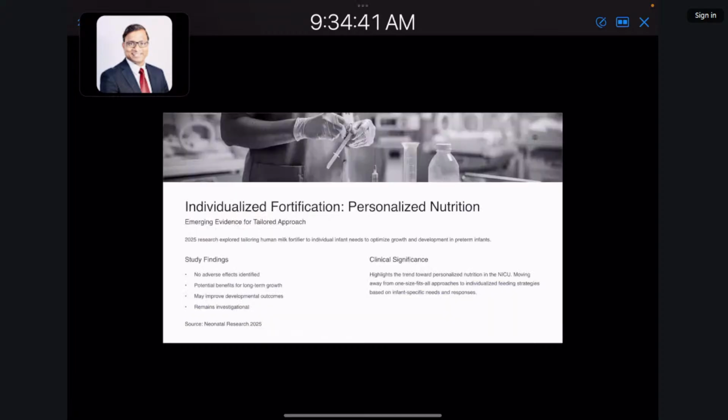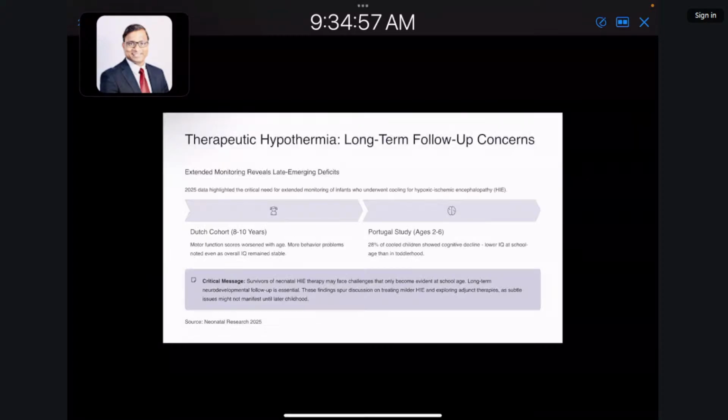Recent studies also emphasize individual fortification of human milk to meet individual metabolic and growth needs, moving away from one-size-fits-all feeding strategies.